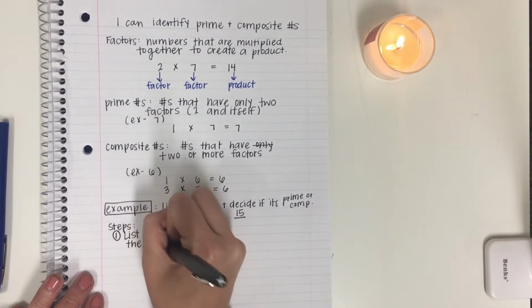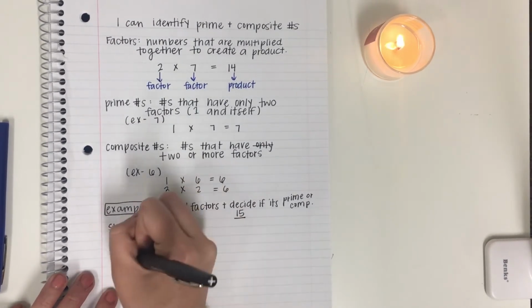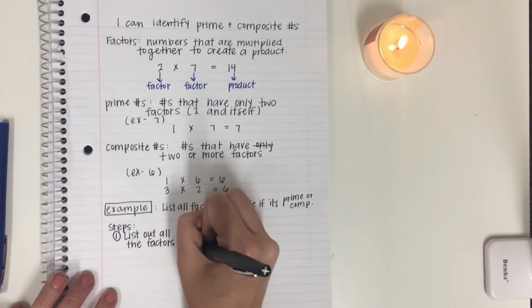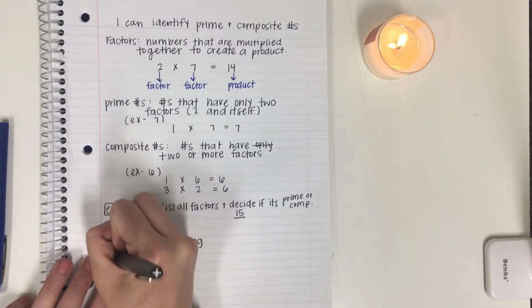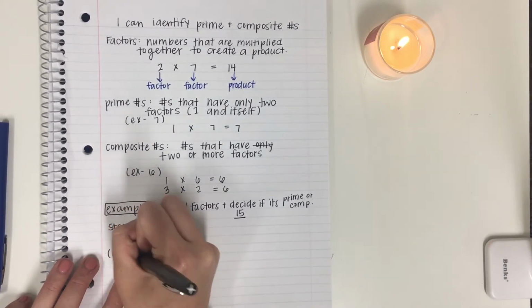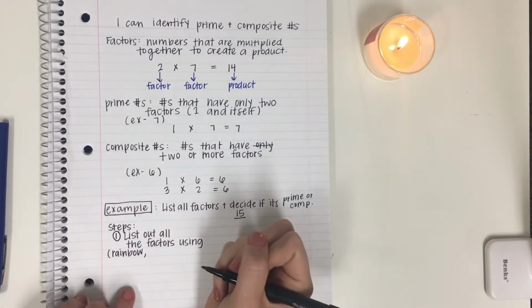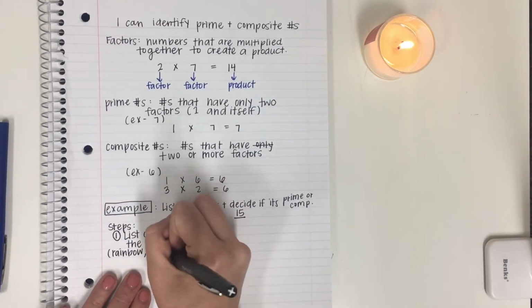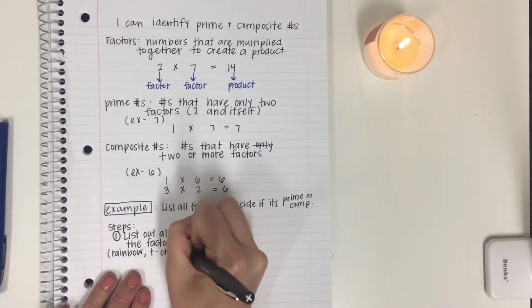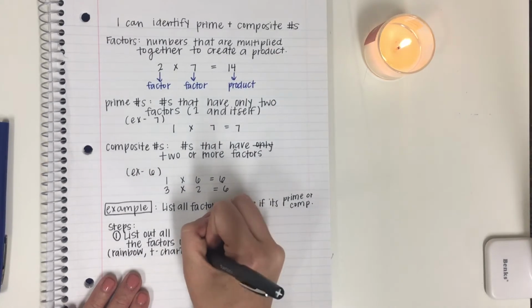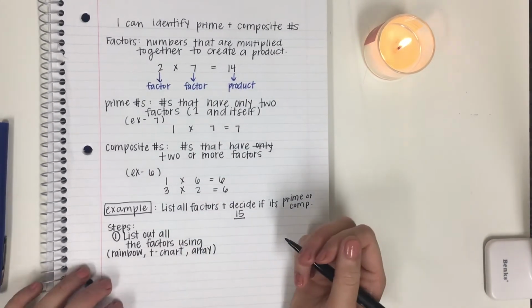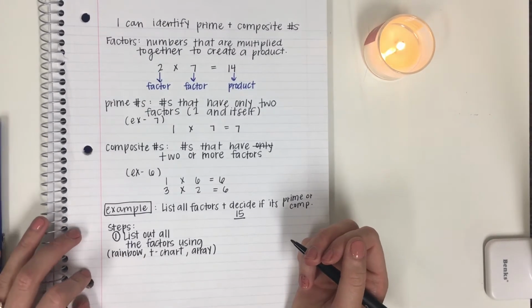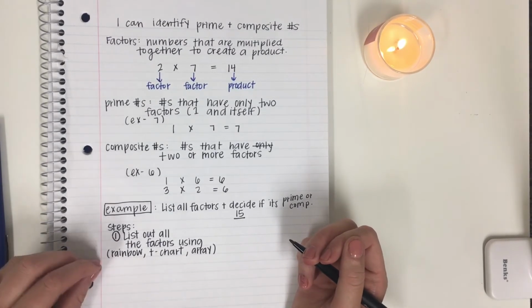factors. There's a few different ways you can list out the factors. You can use the rainbow method, which I'll show you, or you might have already used. You can use a T-chart or an array. Whatever works for you in your math brain, do that. Pick a way that you're going to list out factors, master it, and use it. Okay?